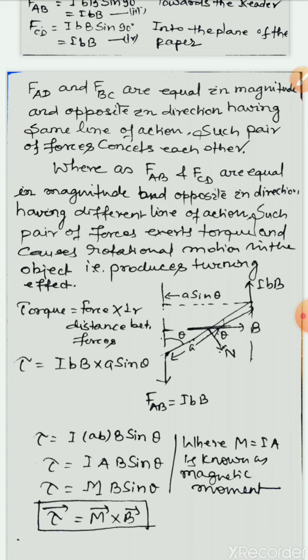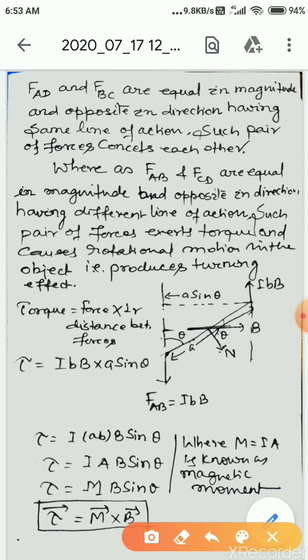So torque is equal to force into the perpendicular distance between the pair of forces. You can see in the diagram, this is one force F_AB and this is another force F_CD. This is the distance. This is the direction of the magnetic field, normal to the plane. This angle is theta.